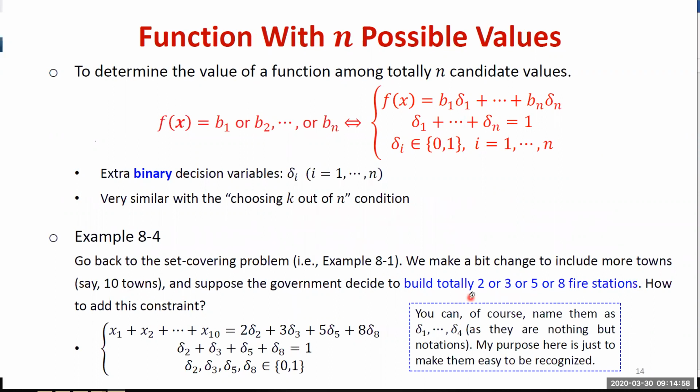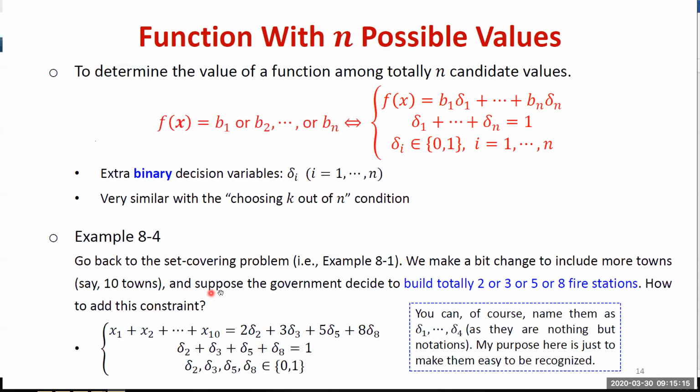In other words, you cannot have any other value. For example, you cannot say I want to build 4, or I want to build 1. No way. You must build 2 or 3 or 5 or 8.